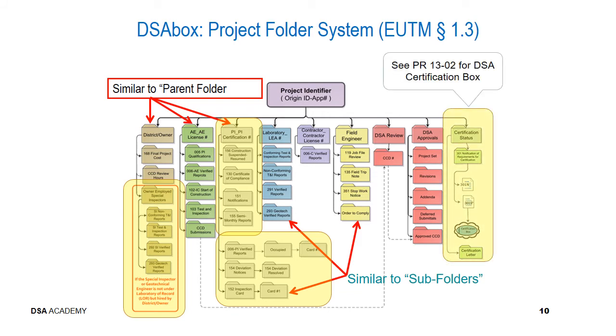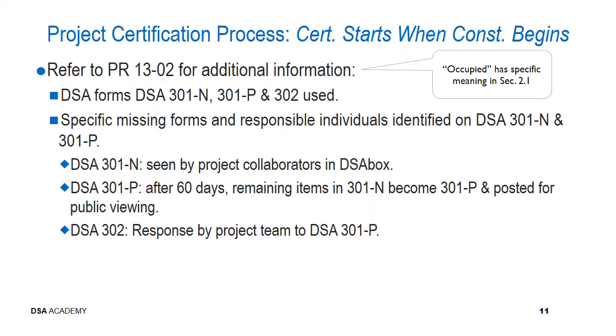We'll take a brief sidestep though to look briefly at certification status or certification box, because that's a little bit different than DSAbox in that it is associated with those projects that have already been certified or perhaps certified without all of the documentation that is required to receive a properly certified project.